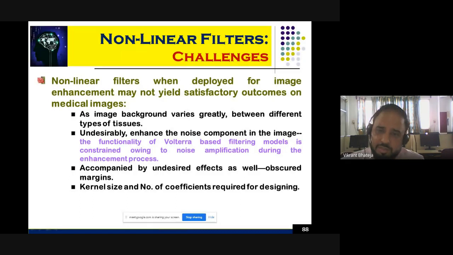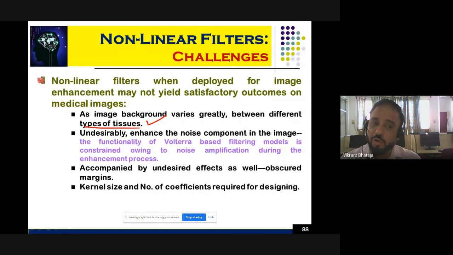Another challenge when you are designing such filters is the variation of the image background. We have already seen that you have different types of mammogram tissues with age, and with the background tissues there are variations of images, and generally you cannot apply the same type of filter, because a filter which is very good on fatty mammograms may not give you very good results on dense mammograms.